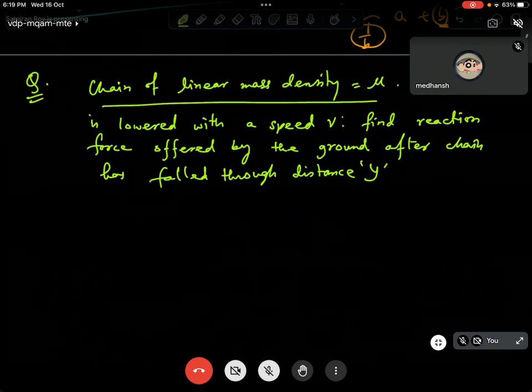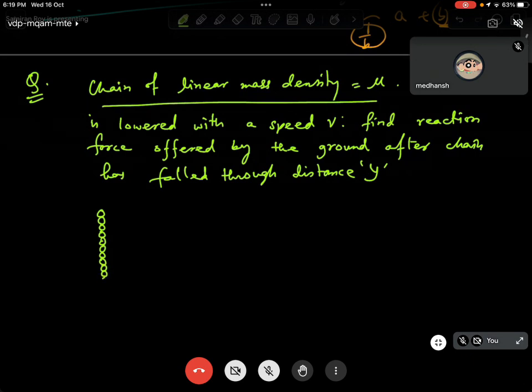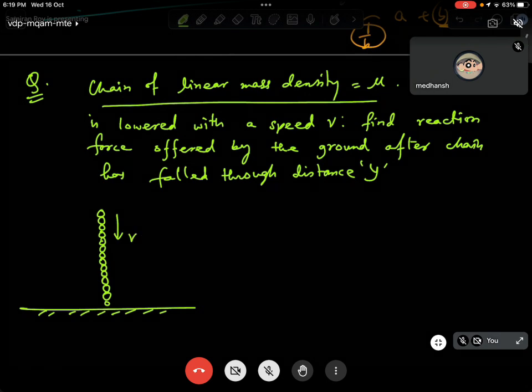What is this question? There is a chain like this. At t equal to 0 it is just touching the ground, and it is lowered with a velocity of v. I am lowering this chain with a constant velocity v. Suppose I am holding the topmost point and lowering it with constant velocity v.